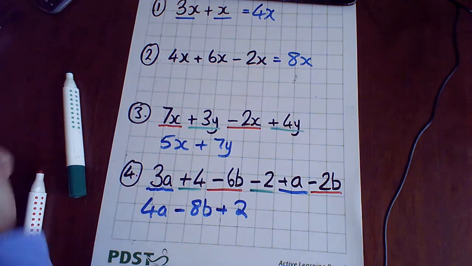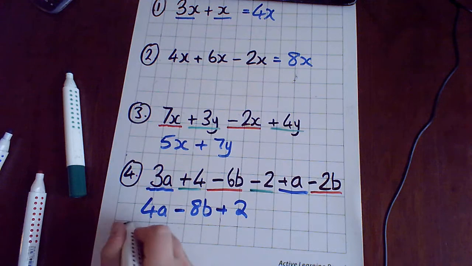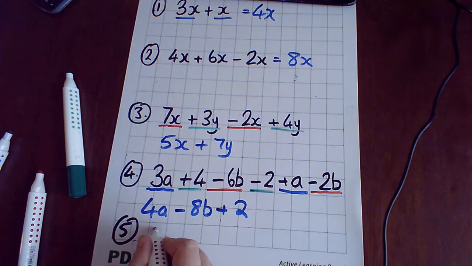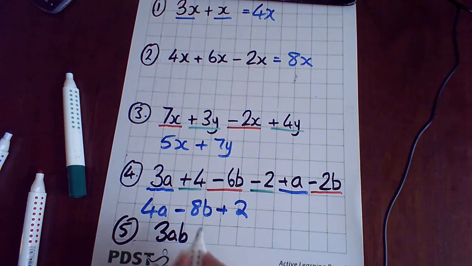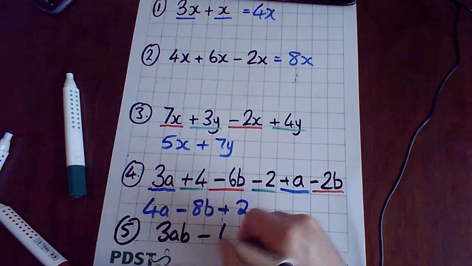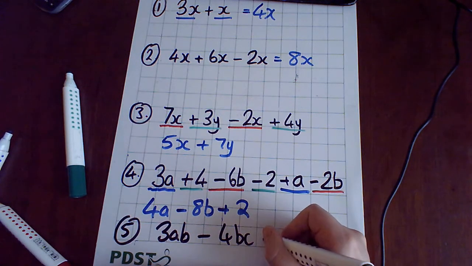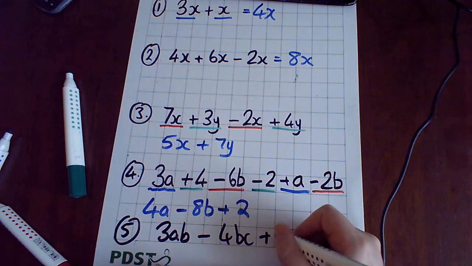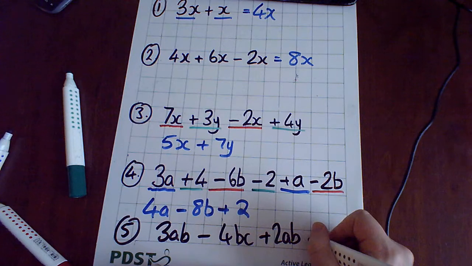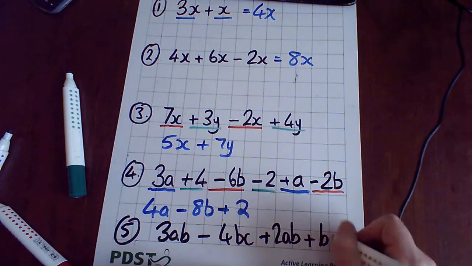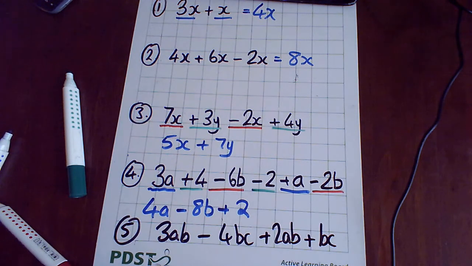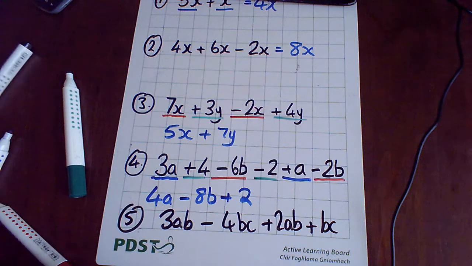And I'm actually going to do one more question here. If we have 3ab minus 4bc plus 2ab plus bc, just to show you that it works if there are two variables in the thing.